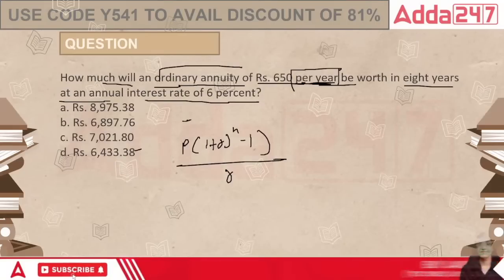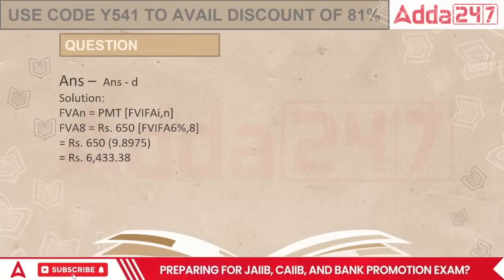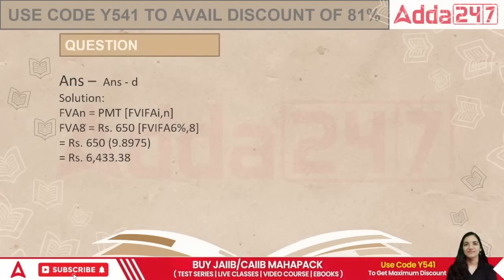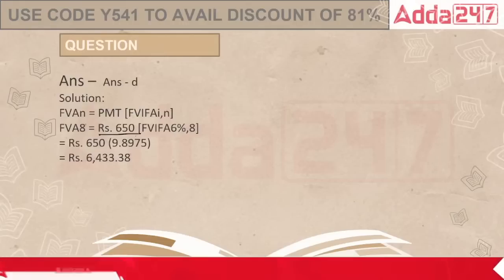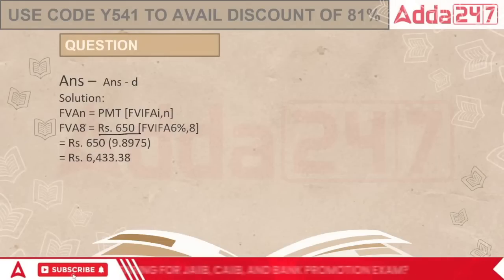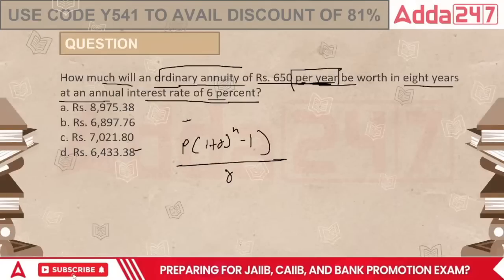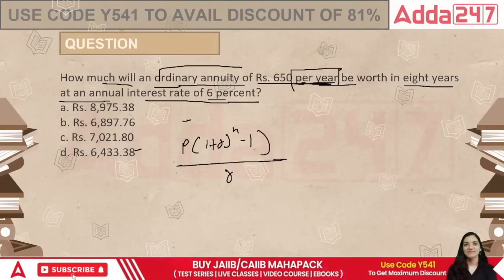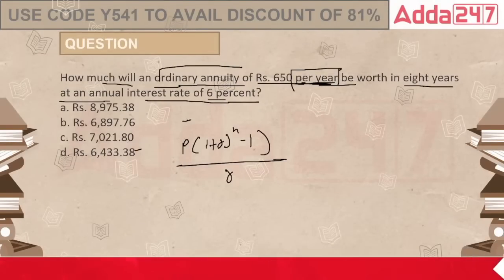And in this case, they have given 8 years and the rate is 6%. So whenever you are calculating, in this case, we have got 650 rupees, and we want to know what would be the value of the 650 after those 8 years. Right? So in this case, we can actually use this formula as well, everyone.